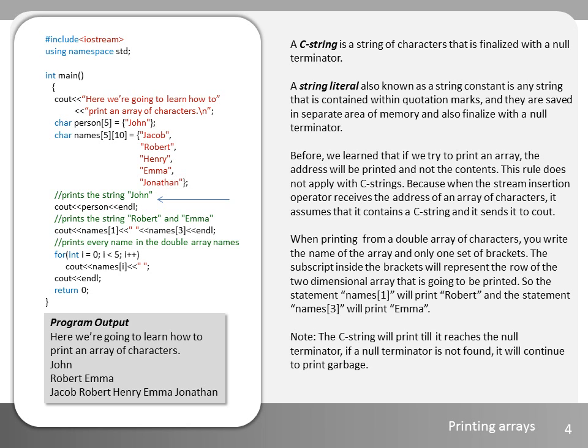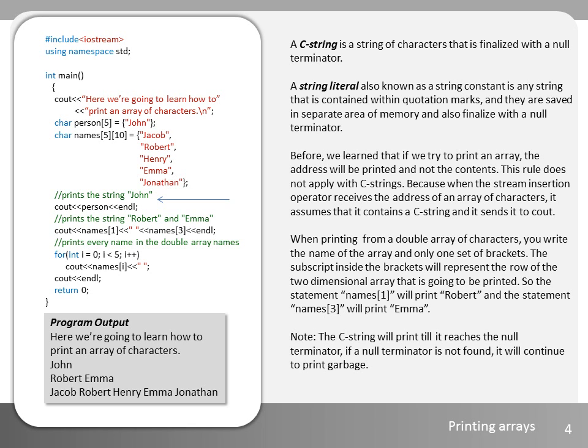Before, we learned that if we try to print an array, the address will be printed and not the contents. This rule does not apply with C-strings, because when the stream insertion operator receives the address of an array of characters, it assumes that it contains a C-string and it sends it to cout. Here we have a simple program that prints some of the names from the previous name array.